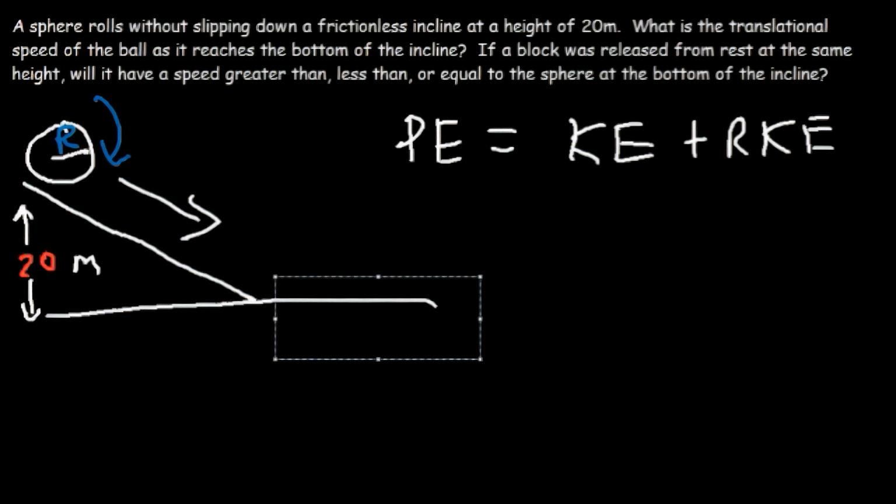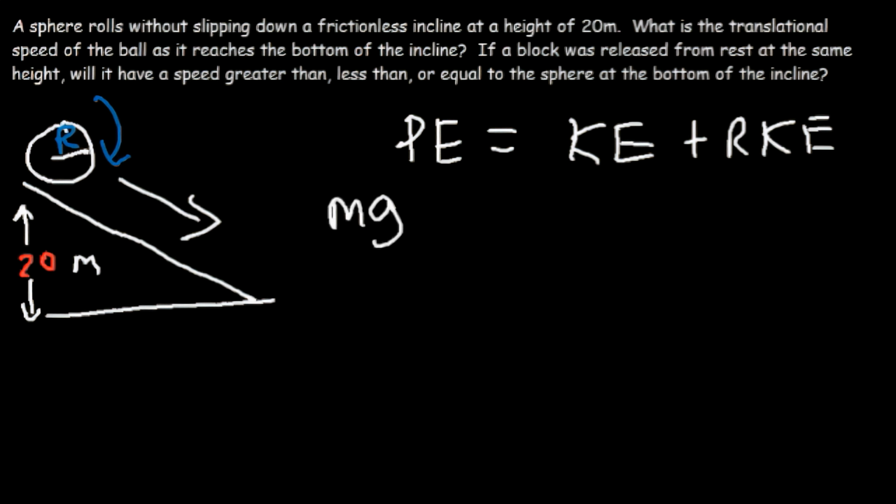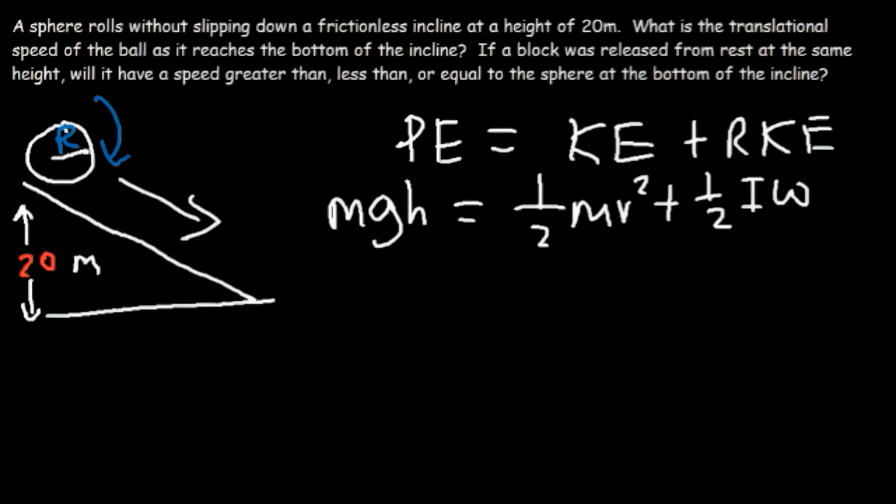So let's begin. What is the equation for gravitational potential energy? Gravitational potential energy is equal to mgh. Kinetic energy is 1/2 mv squared, and rotational kinetic energy is 1/2 the inertia times the angular speed squared. Now, what is the inertia for a sphere?